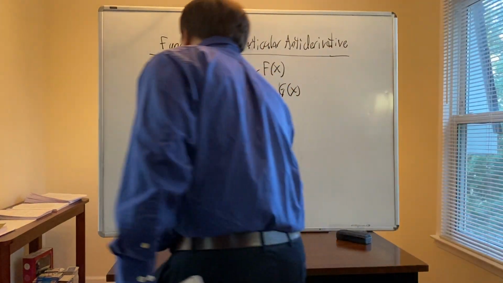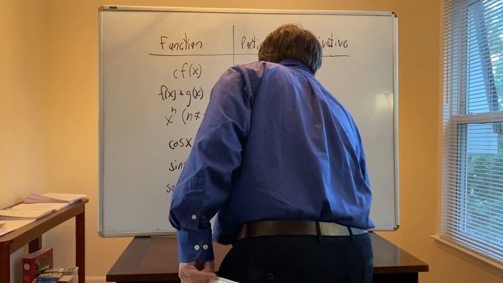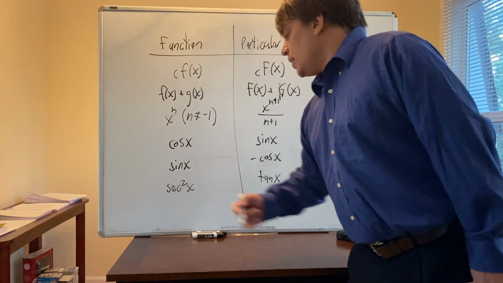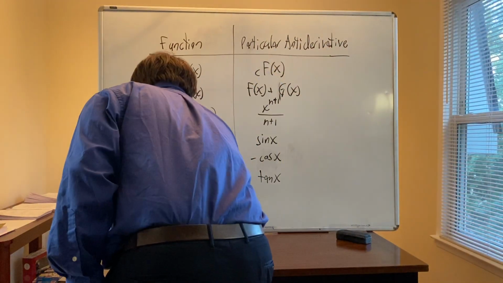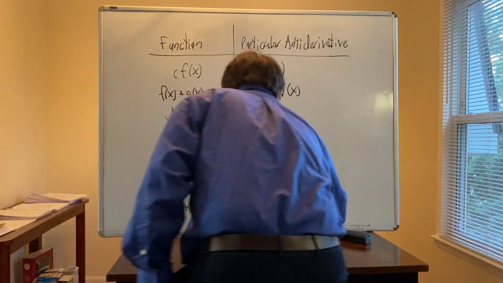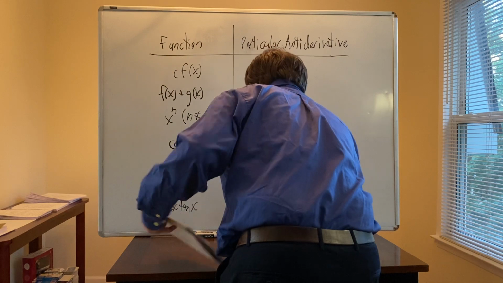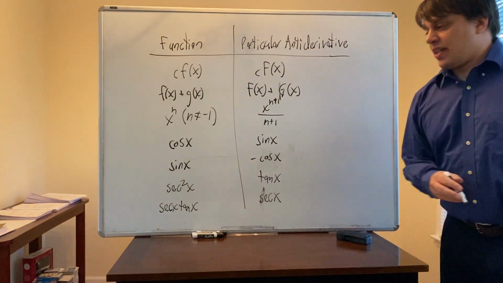A particular antiderivative of secant squared x is tan x, because the derivative of tan x is secant squared x, and so an antiderivative of secant squared x is tan x. And then an antiderivative of secant x tan x is secant x, because the derivative of secant x is secant x tan x.